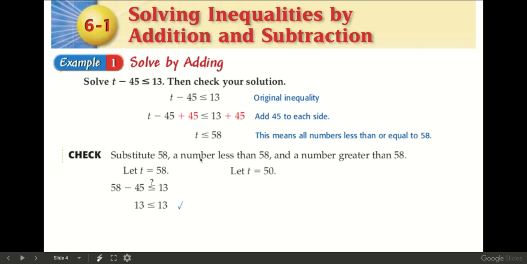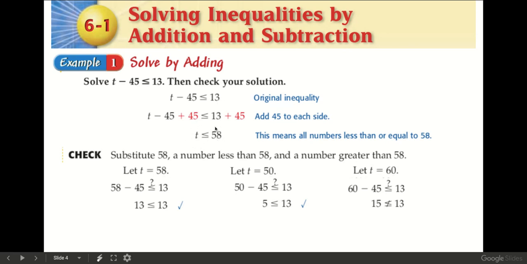Well, if we let t be something less than 58, like 50, and we plug it in, 50 minus 45 is 5. Is 5 less than or equal to 13? That is true. 5 is less than 13. And then let's pick a number greater than 58. So let's pick 60. If I put 60 in, 60 minus 45 is 15. 15 is not less than or equal to 13. So clearly, I can't pick a number greater than 58.